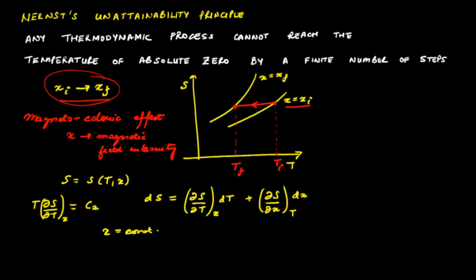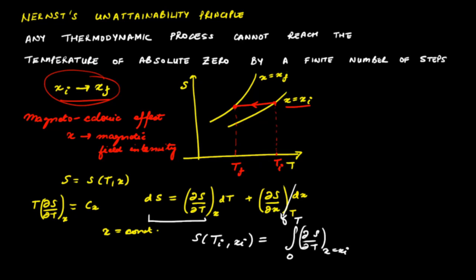If X is constant, this term would be 0, so we can write the entropy at this initial temperature Ti and the value Xi, which we can obtain by integrating from 0 to Ti, del S by del T at X equals Xi dT, and we will also get a constant, that is S of 0 comma Xi on the left hand side.